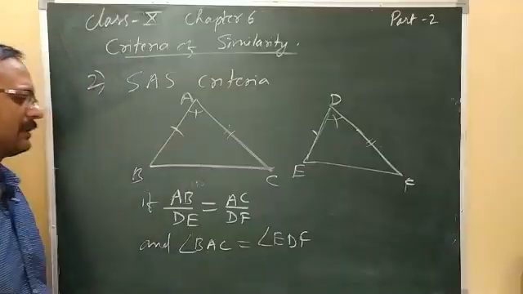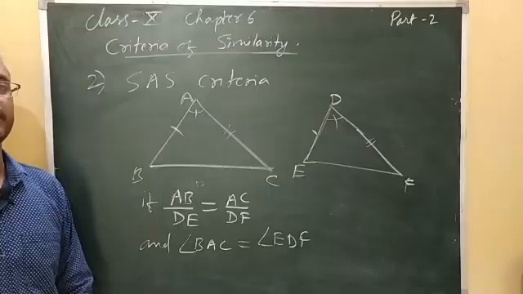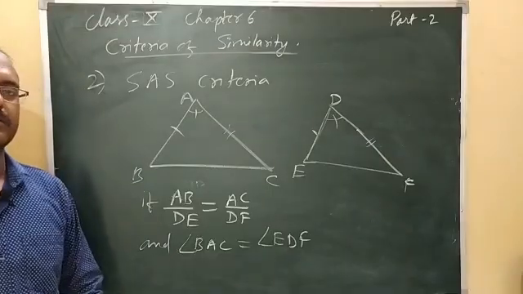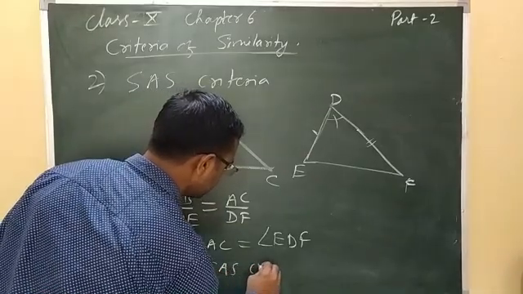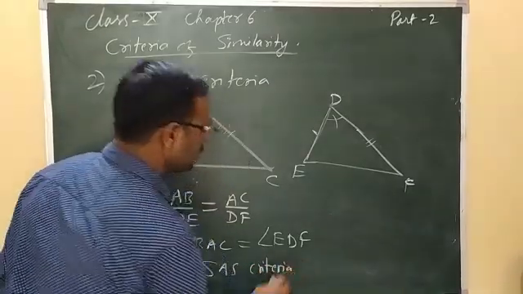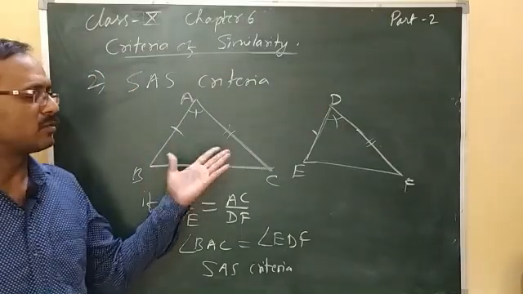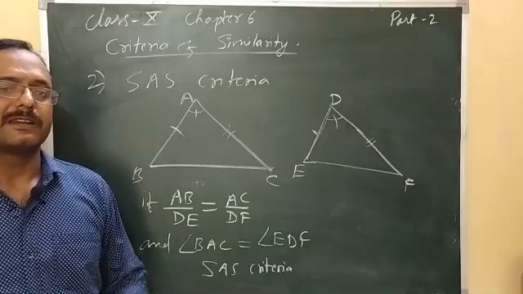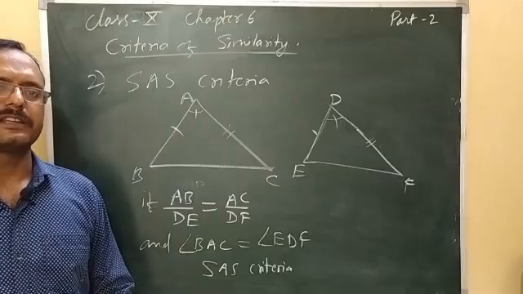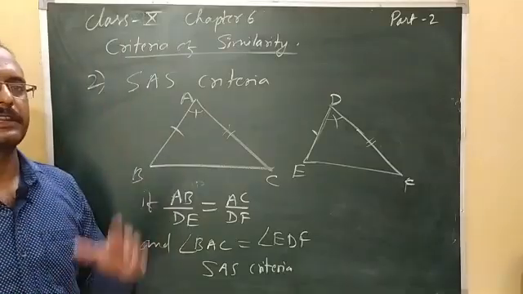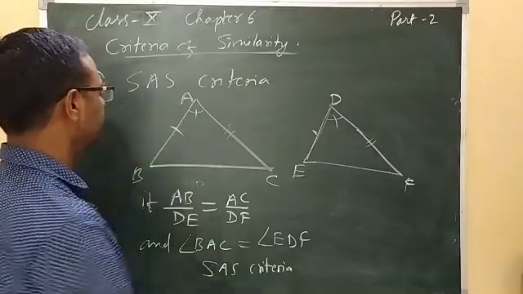We can see that we have included two sides and the angles included between them are also taken. So this is called SAS criteria. So these are the three very important criteria based on which the two triangles can be called as similar, and based on these similarities we are going to have some questions, and that is the applications of this criteria of similarity. So let's start the questioning.